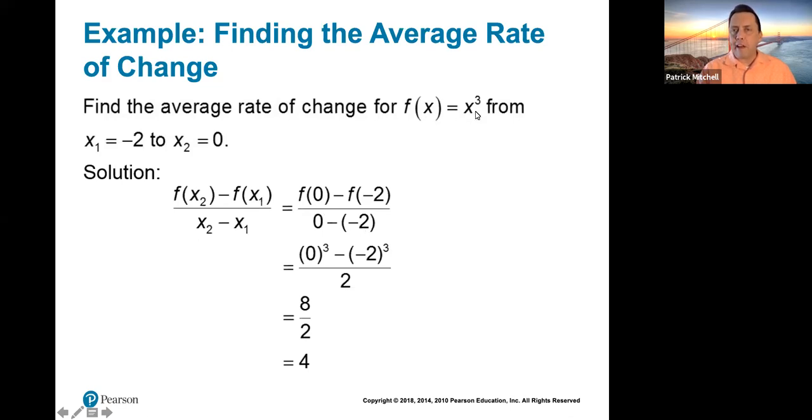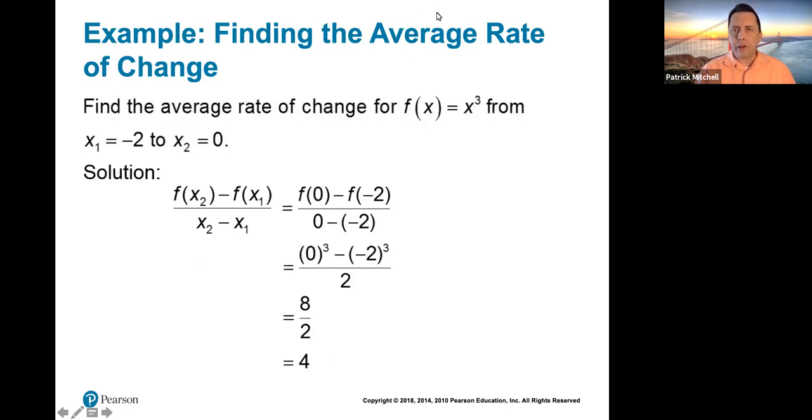Remember, f of x is x cubed, so f of 0 is 0 cubed, and f of -2 is -2 cubed. Of course, 0 minus -2 is 2. 0 cubed is 0, -2 cubed is -8. So this says 0 minus -8, which is 8. So the average rate of change is 8 divided by 2, which is 4.